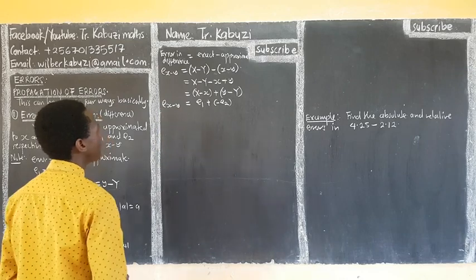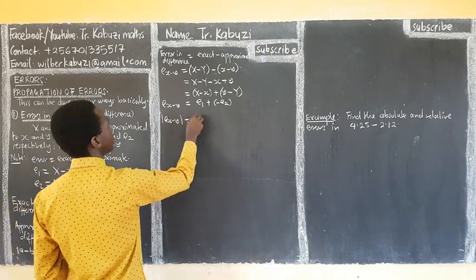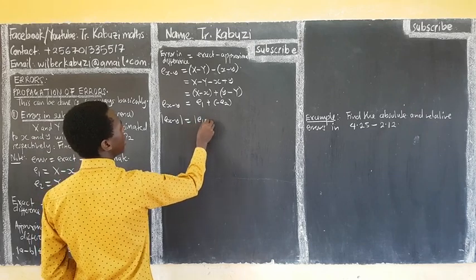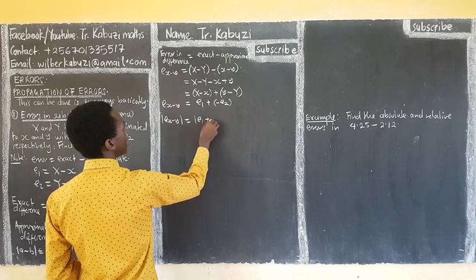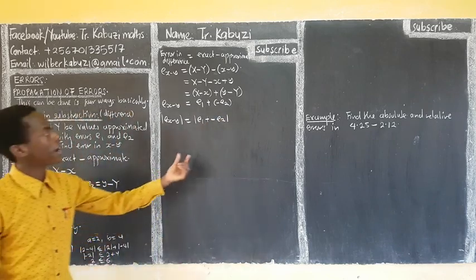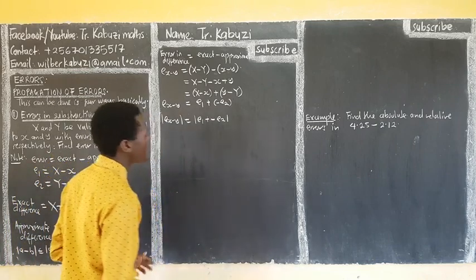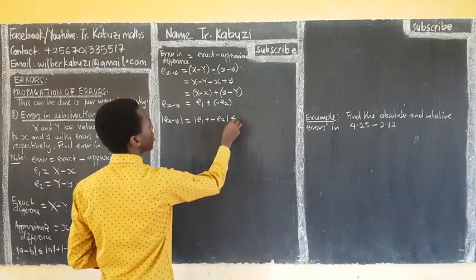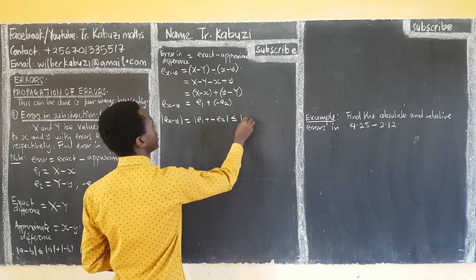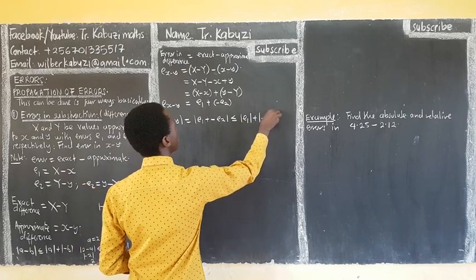Now the absolute error E is the modulus of E1 plus negative E2. When you simplify that, you get the same. This is less than or equal to the modulus of the separate errors, the modulus of E1 plus the modulus of negative E2.